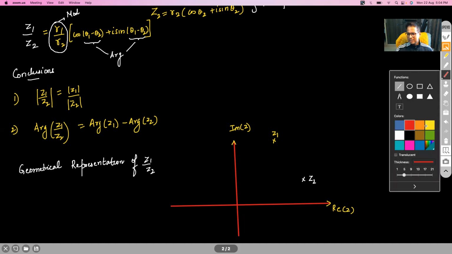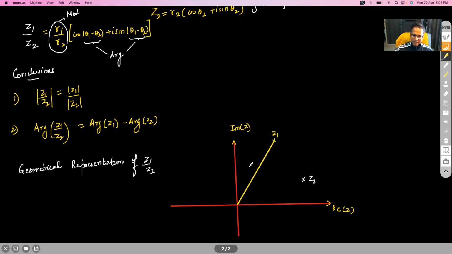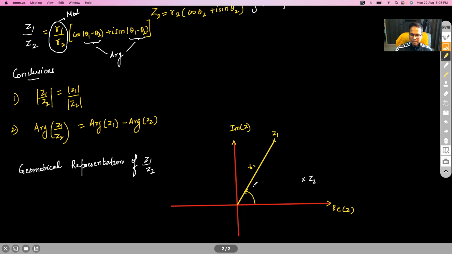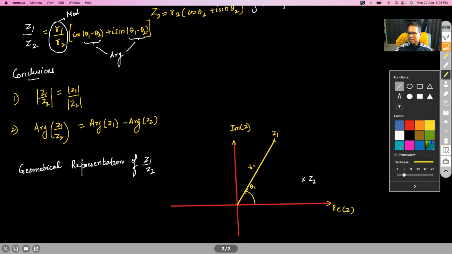Now here, this length is R1. Let's name it R1. This angle is theta 1. Let's name it theta 1. This length is R2.